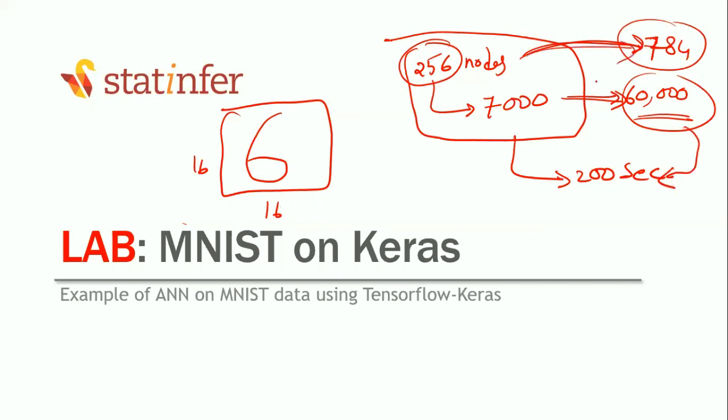With this much large data, with this many nodes, the time taken will be hardly 10 seconds. I think somebody made that math, right? If you're doing these parallel computations, how fast that will work? Hardly 10 seconds. That's it.